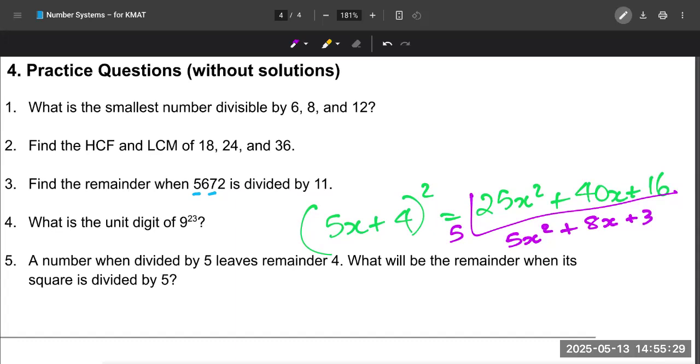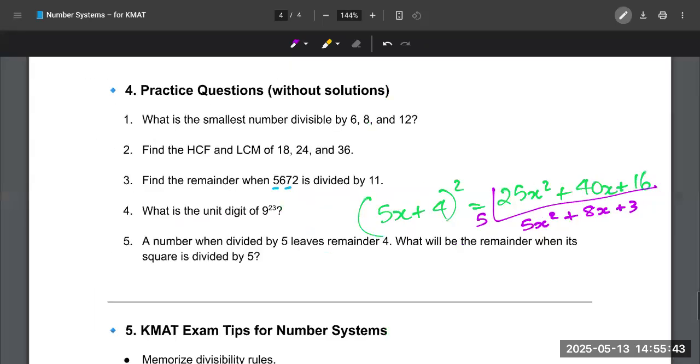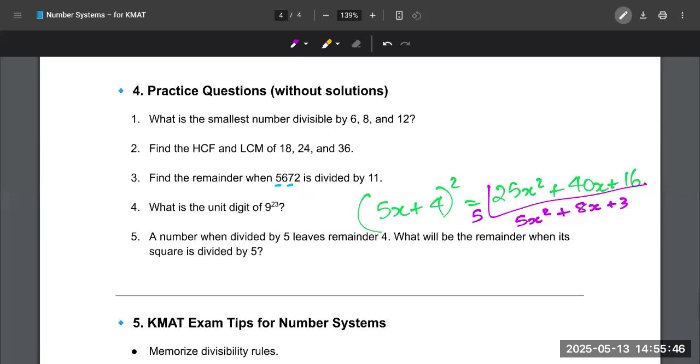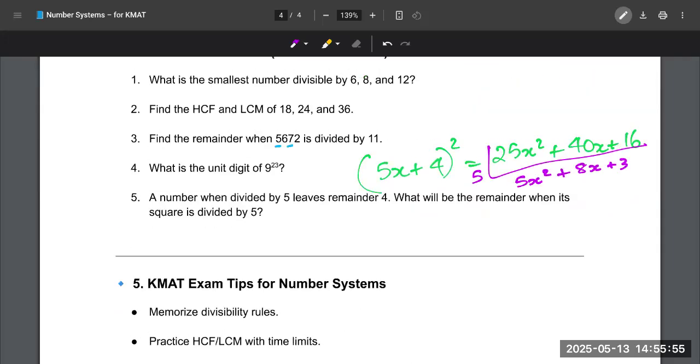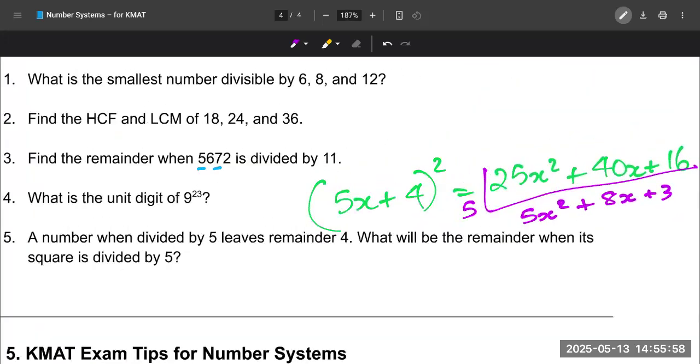No. 3 is not the remainder. Can you remember what we did in similar scenarios?